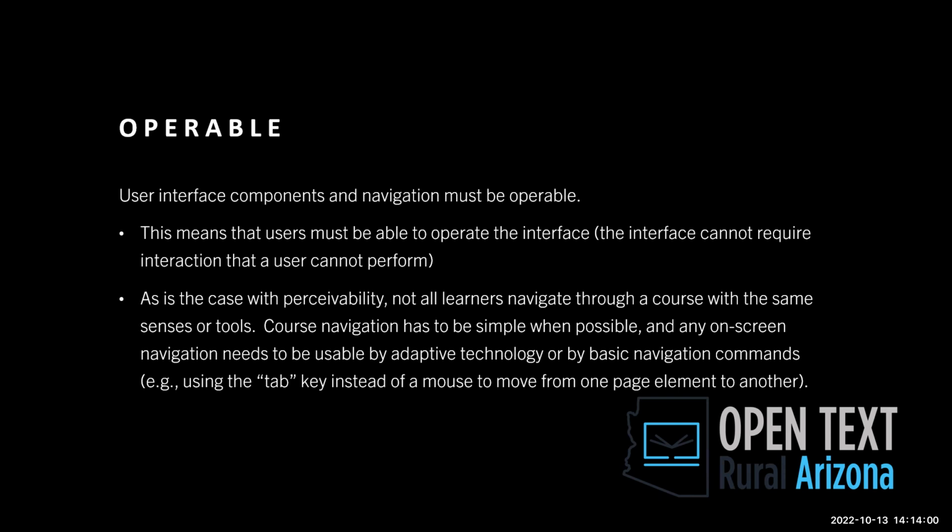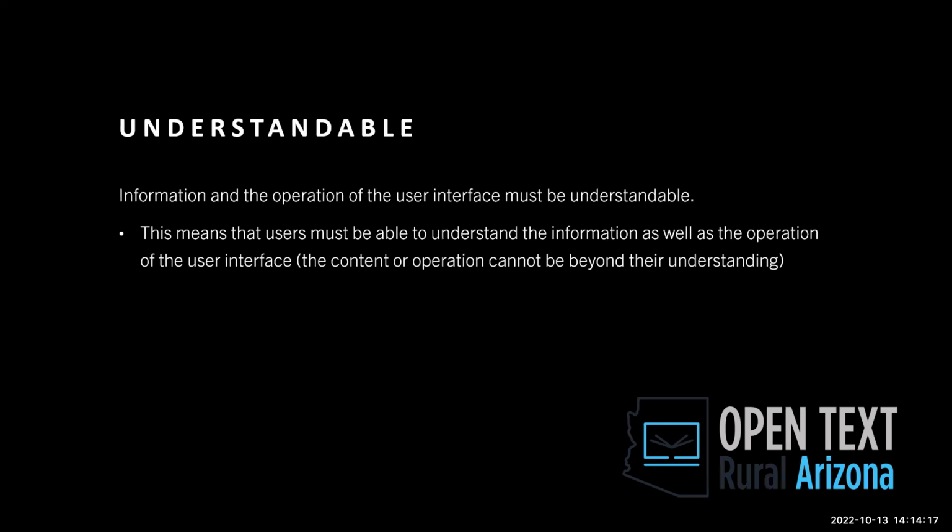So we often think around operating a course, we just put our hand on the mouse and we move the mouse and we click on the things that we want. But if that's not something that's available to me, then suddenly that becomes inaccessible, right? So operable is the second principle of accessibility.